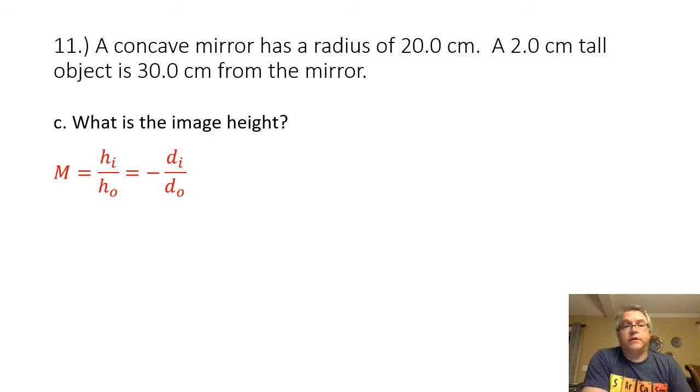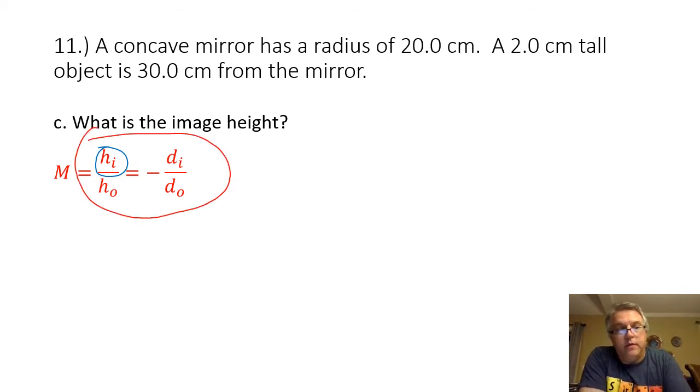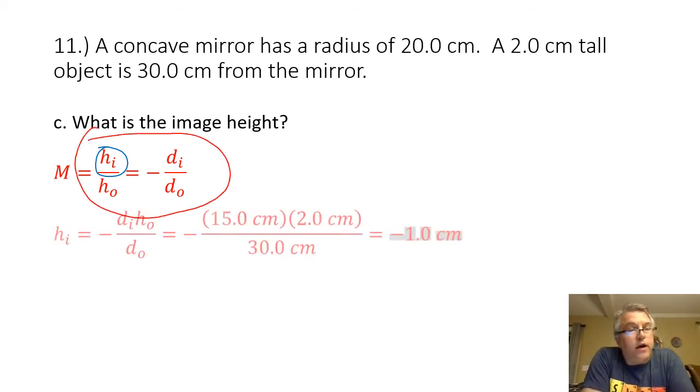So when I solve this for the image height, I know I'm going to have the image height is equal to the negative of the image distance times the object height divided by the object distance.